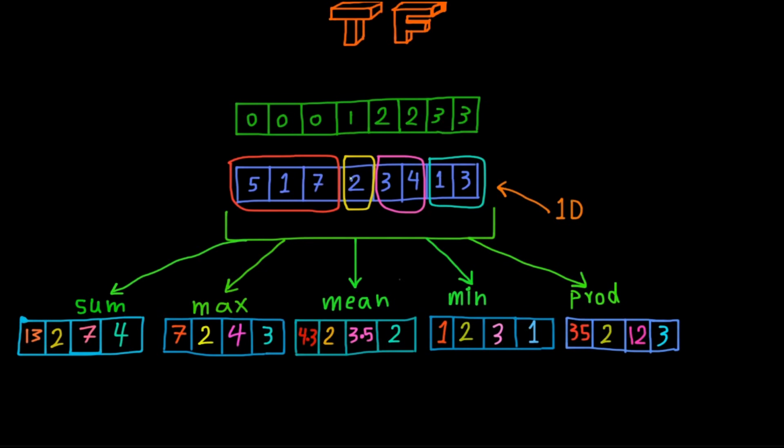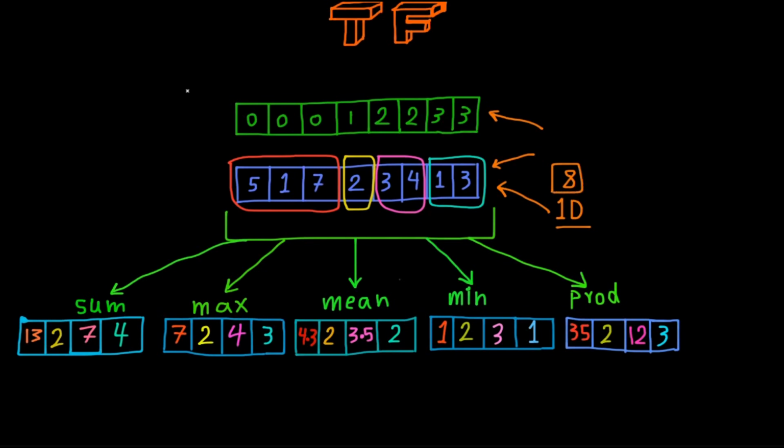The size of the first dimension, which is the only dimension available in this tensor, is equal to the number of elements in this dimension, which is equal to 8 in this case. Now we should create a segment IDs tensor, and the size of this tensor equals the size of the first dimension of our input tensor, which is 8.